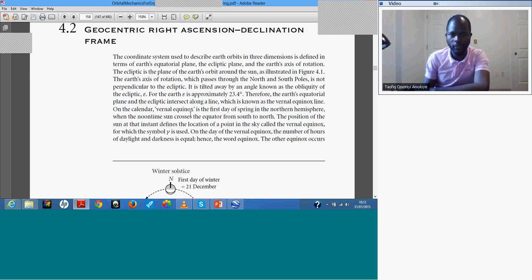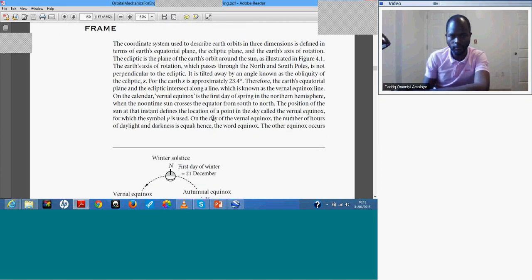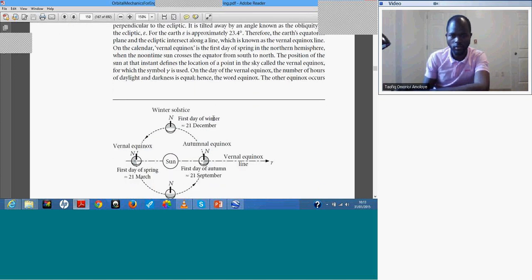The vernal equinox is the first day of spring in the northern hemisphere, when the sun crosses the equator from south to north. It's usually around the 21st of March.